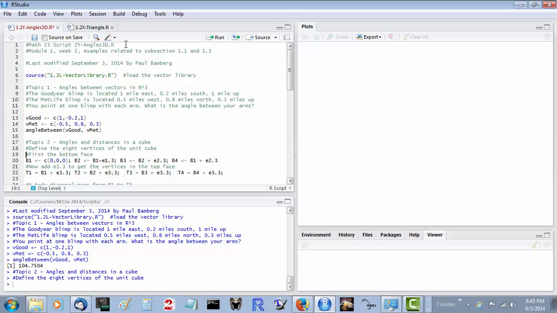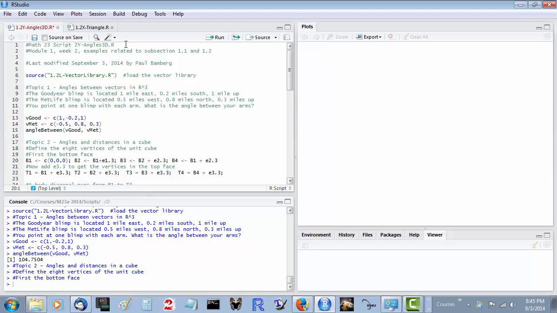Second example. Let's think about a cube. We can invent elements of R3 that are the points in the bottom face of the cube. No harm taking one at 0, 0, 0.